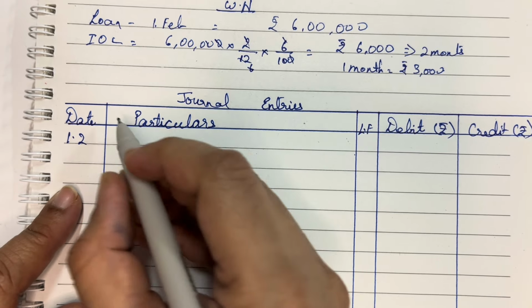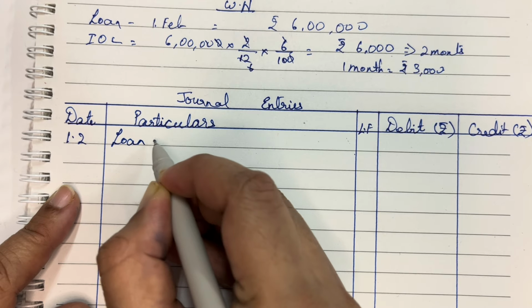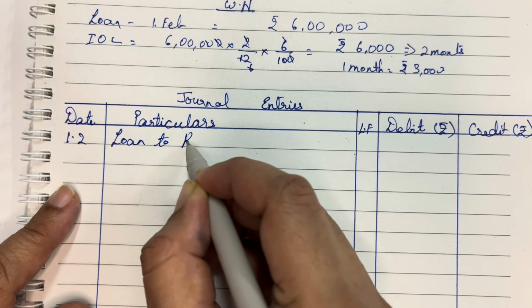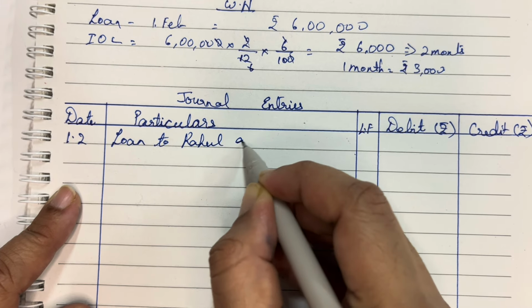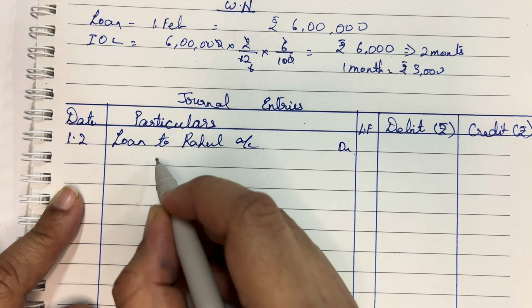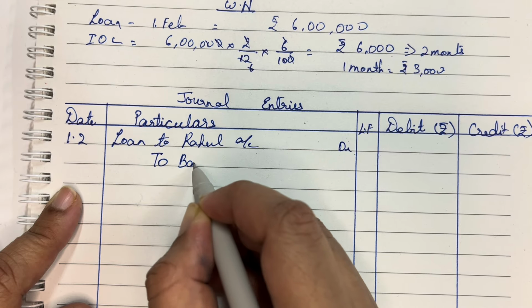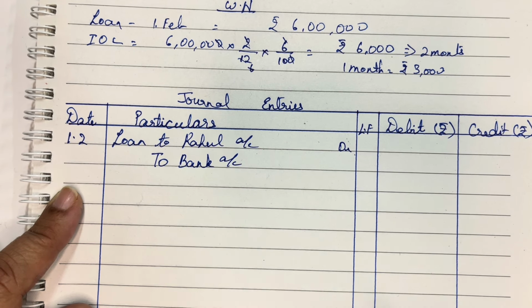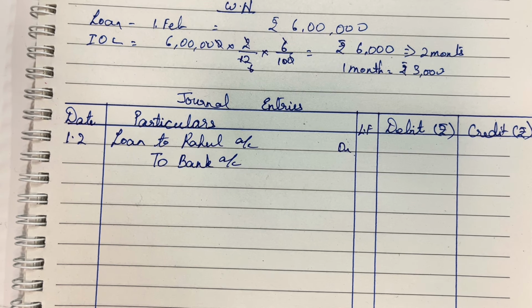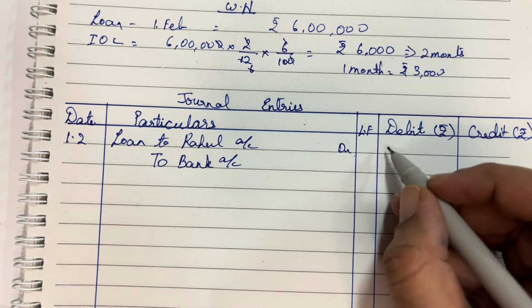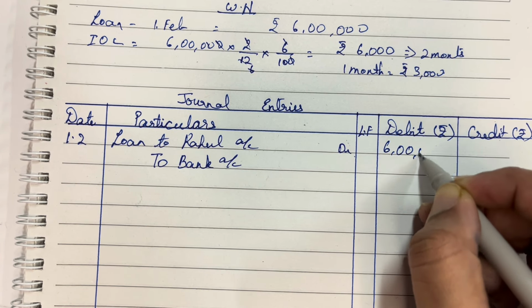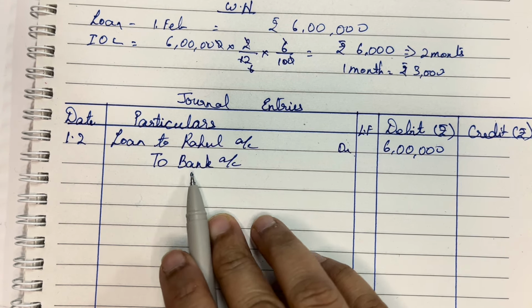So you'll write loan to Rahul account debit to bank account. Since it is not mentioned whether it's given in cash or by check, we assume that the amount of loan is given by check. How much amount is given? 6 lakhs. Why does this journal entry come?